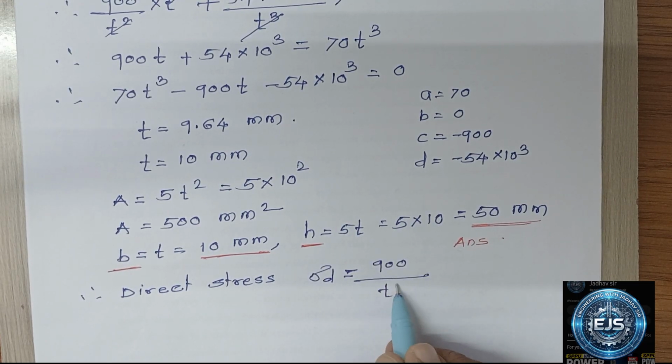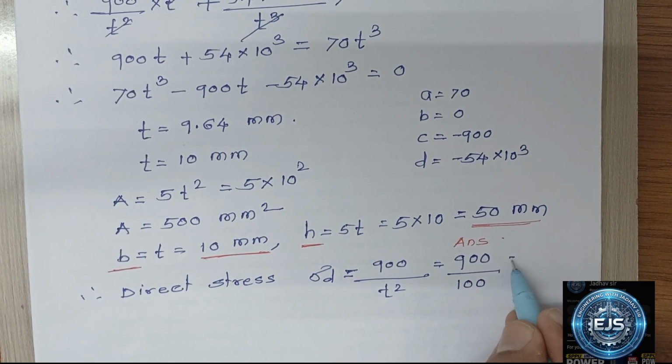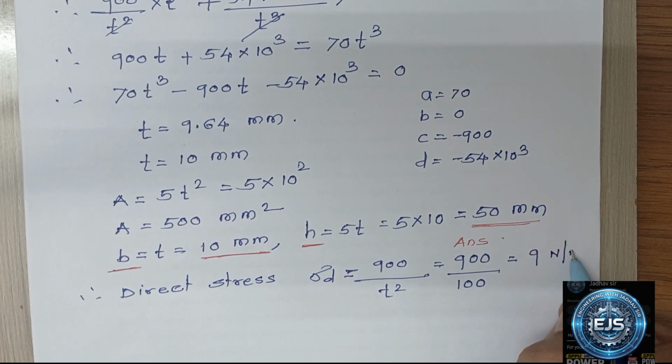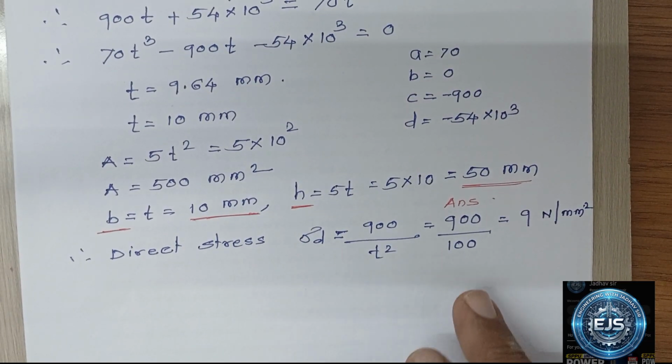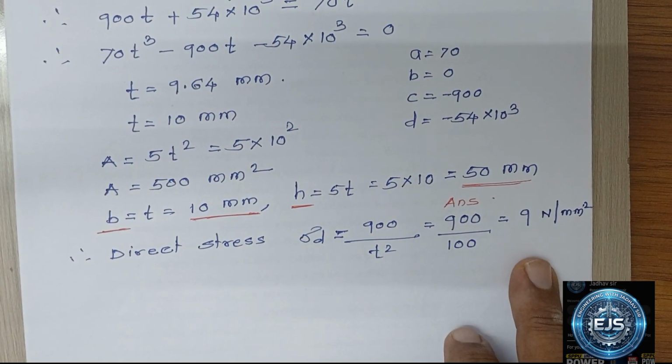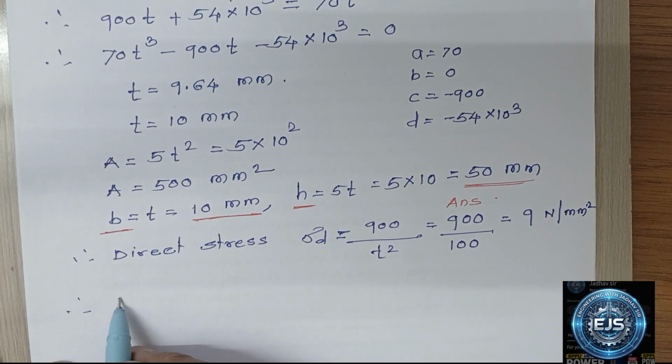So 900 upon 10 square. So 10 square is 100. So direct stress is of magnitude 9 Newton per mm square.